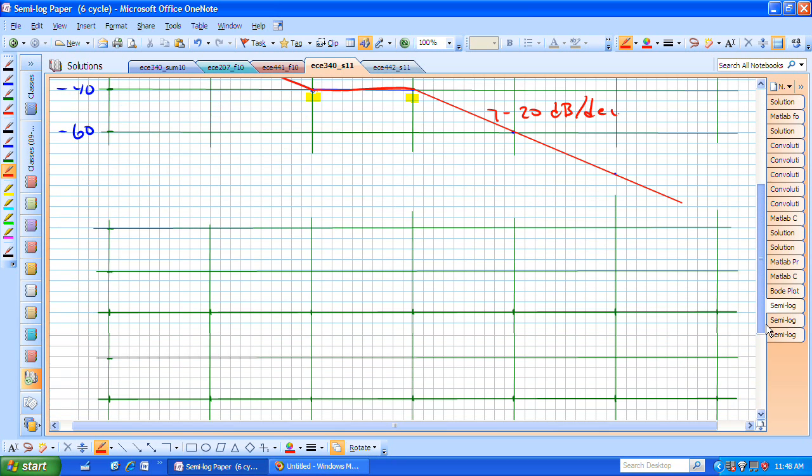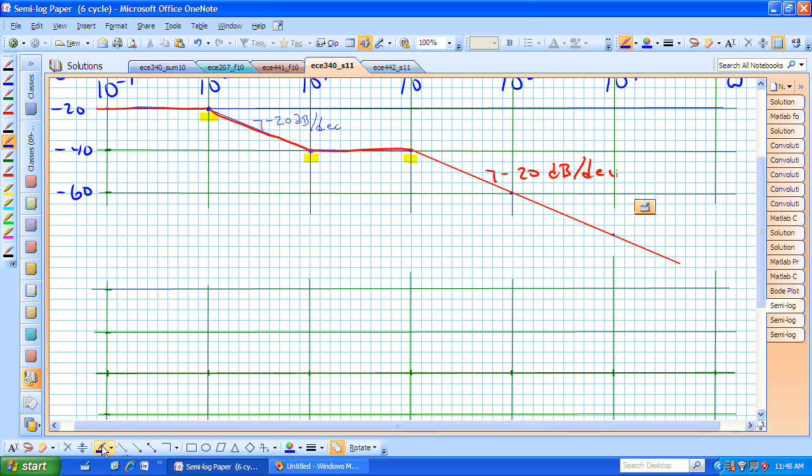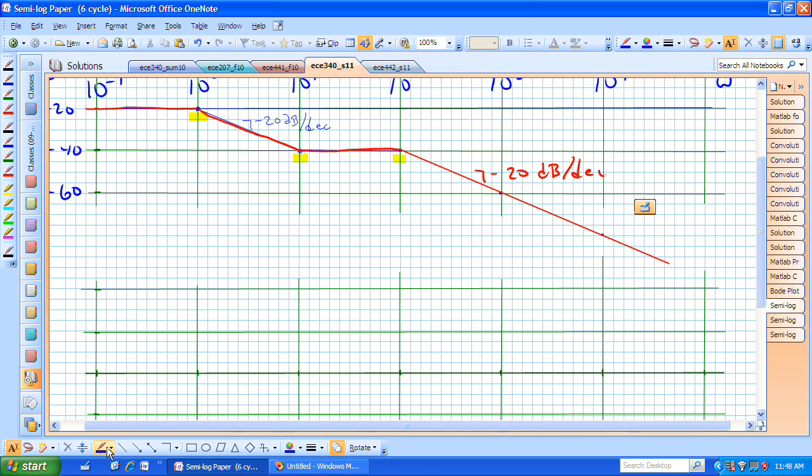In the phase plot, if we keep the same axis labels for our frequency omega, then this particular frequency is 10 to the minus 1. Here's 1, 10, 100, and 1,000.